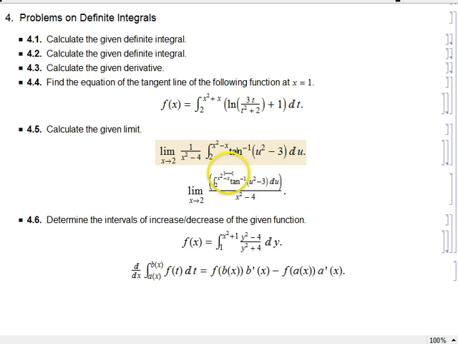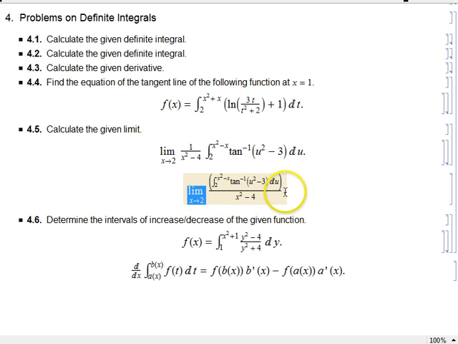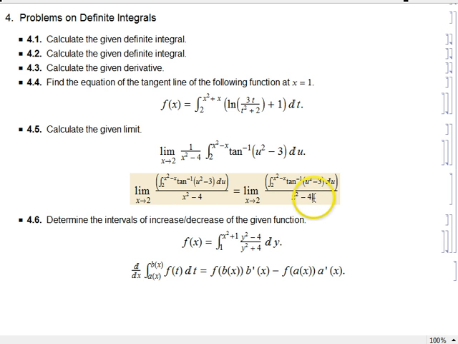But in any case, this is a 0 over 0 type limit, so L'Hopital's rule applies. So what is L'Hopital's rule? You have to take the derivative of the denominator, which is just 2x, right? The derivative of the denominator is just 2x.